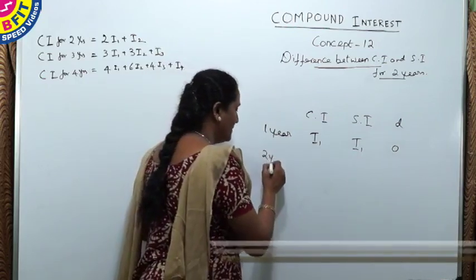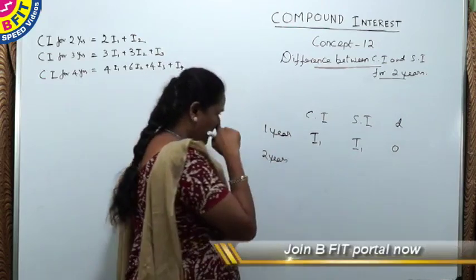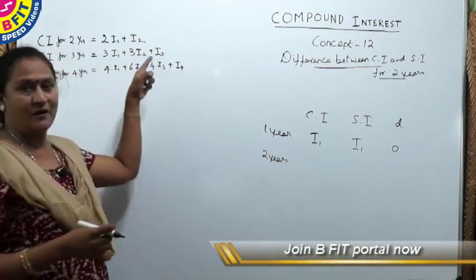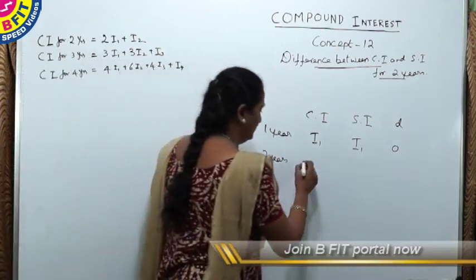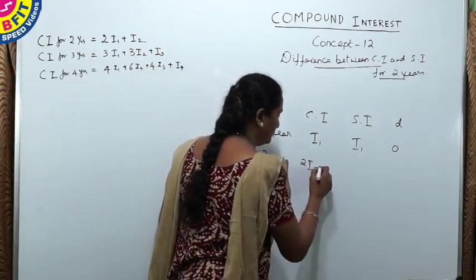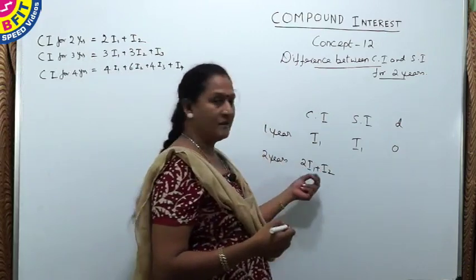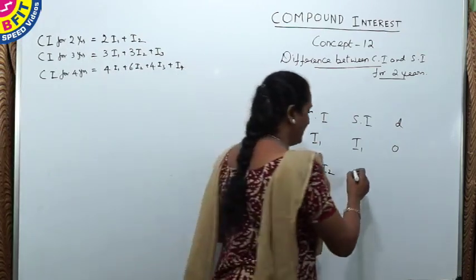And for 2 years, what is compound interest? I have written here 2I1 plus I2. And what is simple interest? It is I1 into 2, that is 2I1.